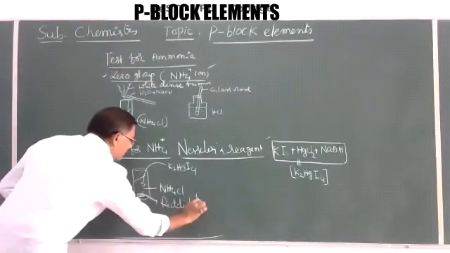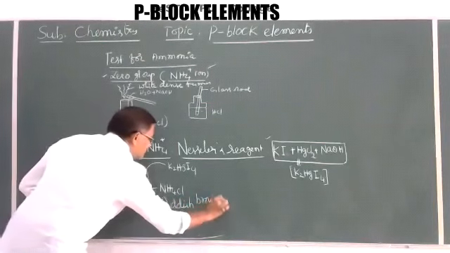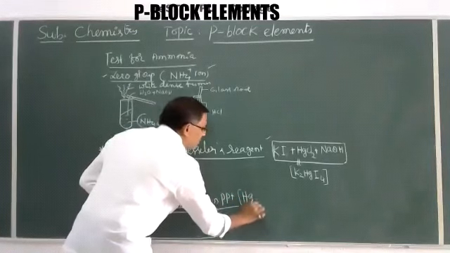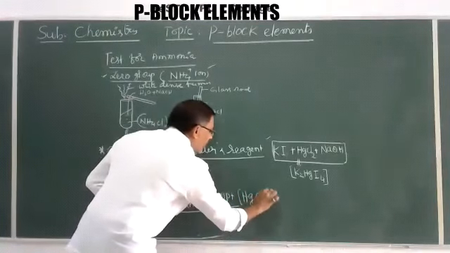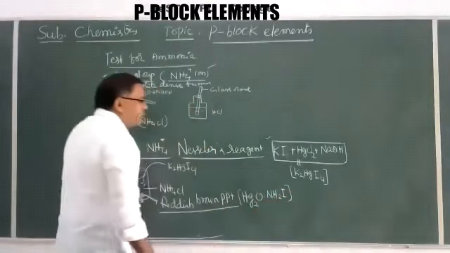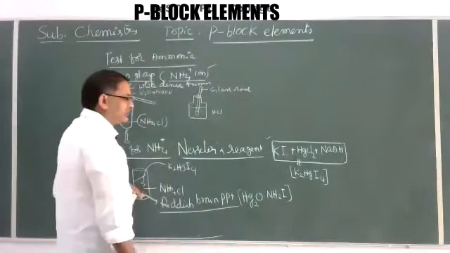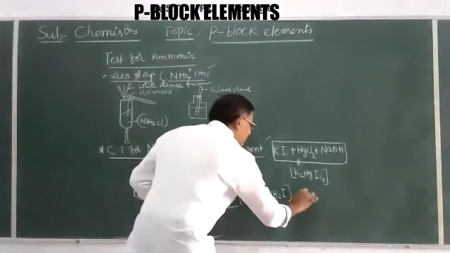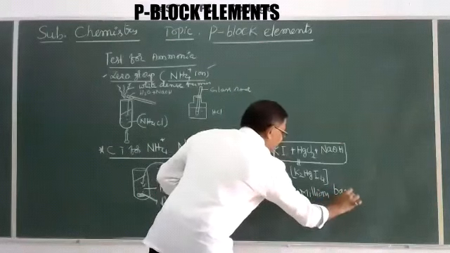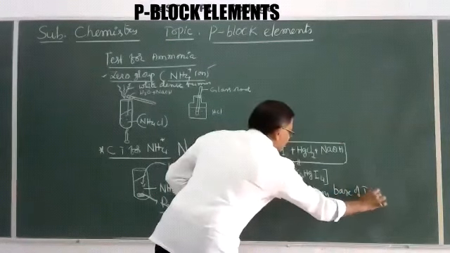A reddish brown PPT is formed. The formula of that reddish brown PPT is HgO.Hg2NH2I. This is the iodide of Millon's base.